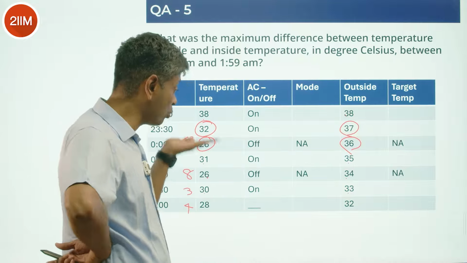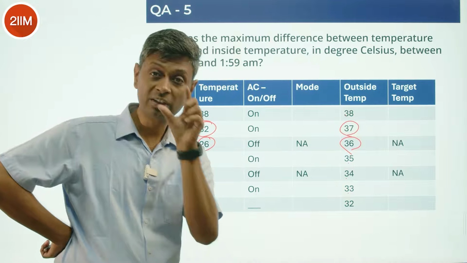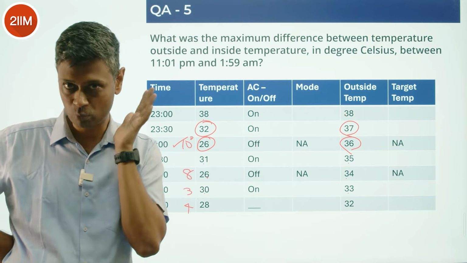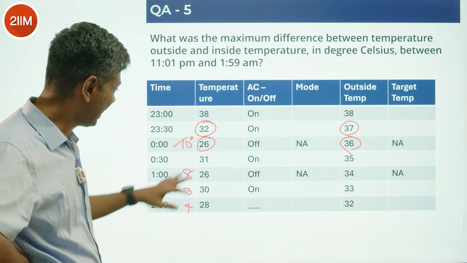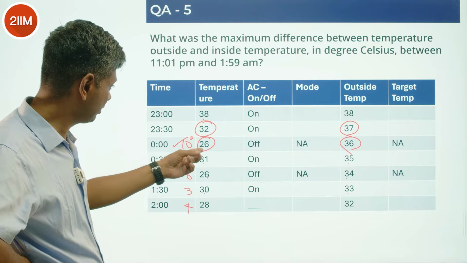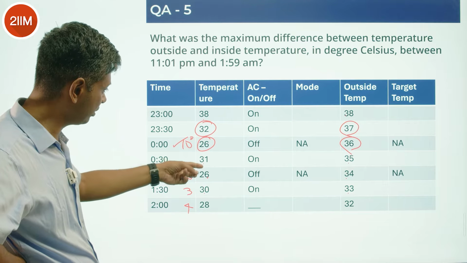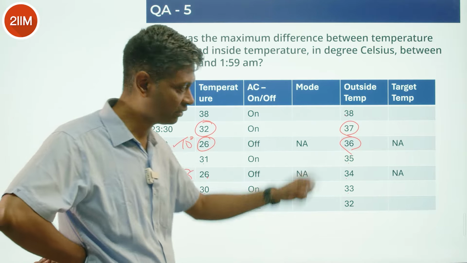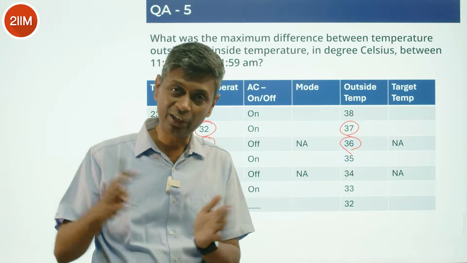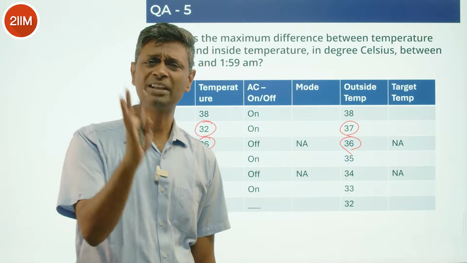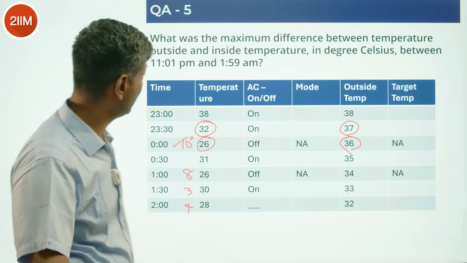But this will be much more than 26, then this is about 36. Difference will be less than 10, not more than 10. I just wanted to worry about that. That is taken care of. In other places it won't catch up. After 26, it goes from 26 to 31 in half an hour. It goes from 36 to 35 in half an hour. This is increasing, that is reducing. My gap will reduce. I don't worry about it. Maximum difference in temperature is 10 degrees Celsius.